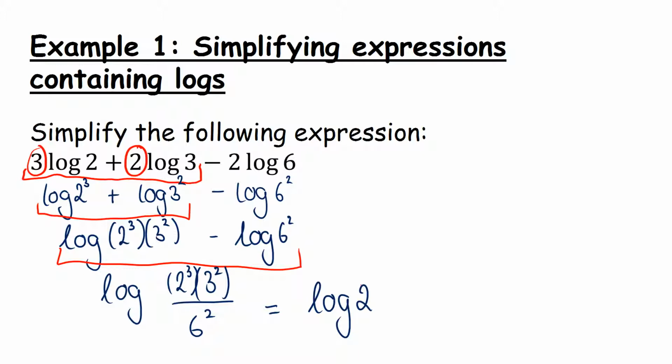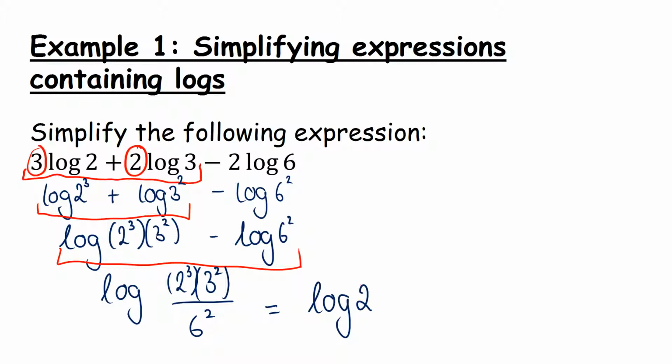If you look at, again, the second column on page 21, on the third line down, it says the log to base a of x to the power of q is equal to q log to the base a of x. So when there is a power on the number, it can be brought down in front of the log.